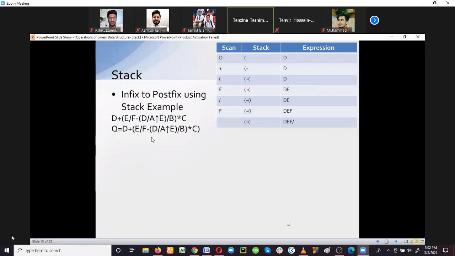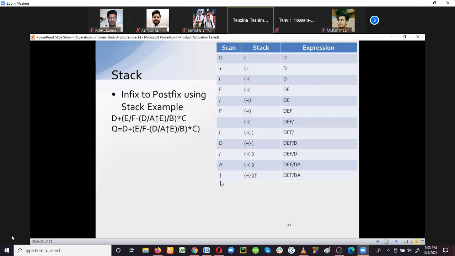One is, suppose in the stack we have an operator such as this division operator. After that we got another operator which has the lower priority level than the topmost element of the stack. At that time, just pop the topmost element from the stack and add it to the expression, and after that we can add this operator where? Into this stack.